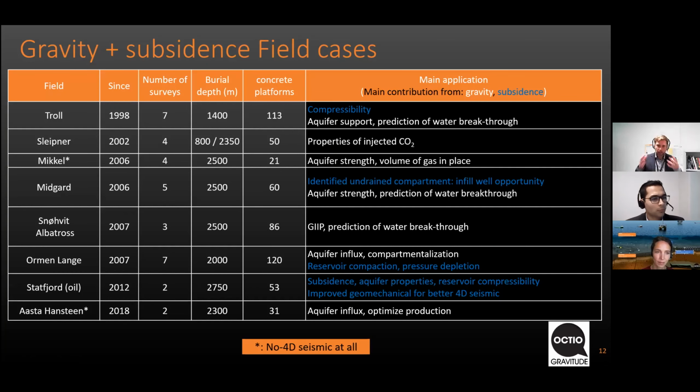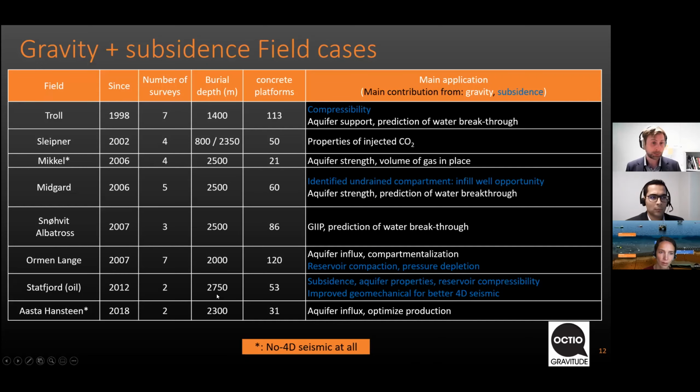So without us getting into all the details, since this is an introductory webinar, I still want to show a few cases where this technology has been used. And as you can see immediately, this is a technology that has been around for some years. There's a big variety of the burial depth, so that means a distance from the seabed down to the reservoir itself.